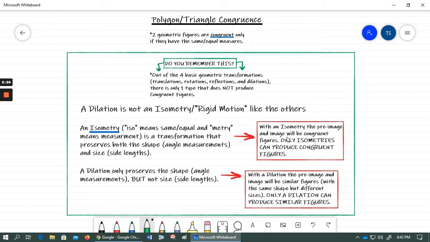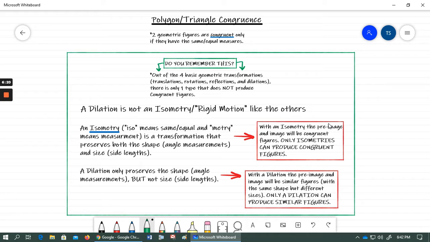So whenever you've got a transformation that is an isometry or a rigid motion, so whenever you've got a translation, and you should remember what a translation is, when you slide a figure left, right, up, or down, and the orientation of it doesn't change, it still looks like it's oriented the same way, but it's just been slid or dragged left, right, up, or down.